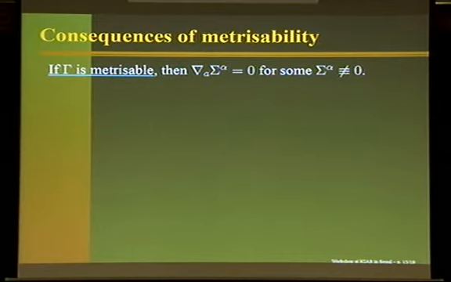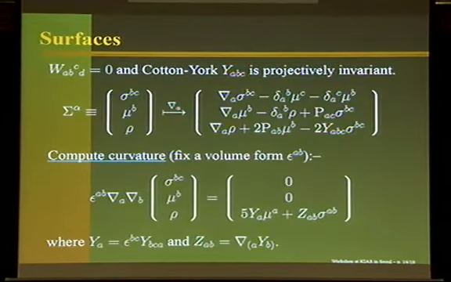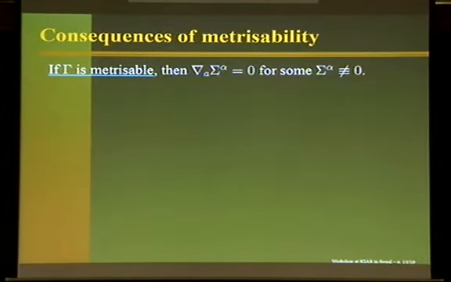Certainly if this is metrizable, then you're going to have a non-zero covariant constant section of this bundle, where I'll simply organize all of these tensors sigma, rho, and mu into a single quantity, which I will call capital sigma. There it is.